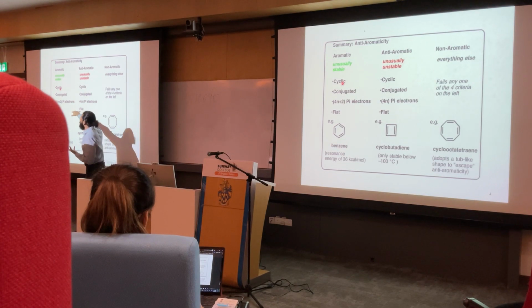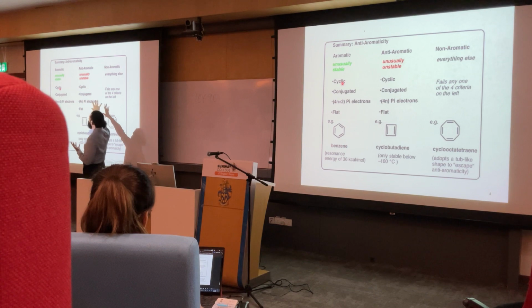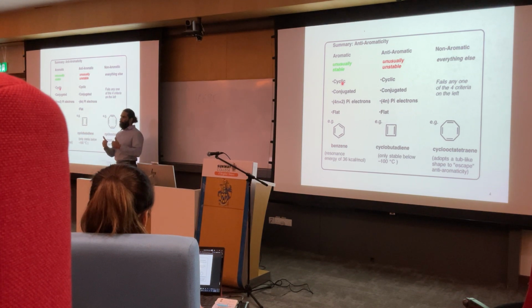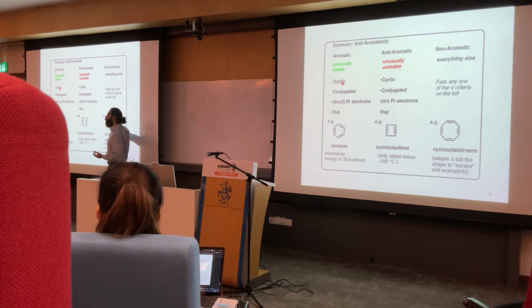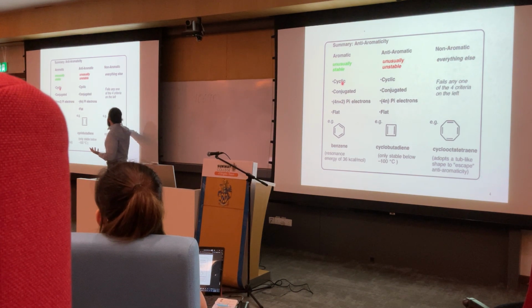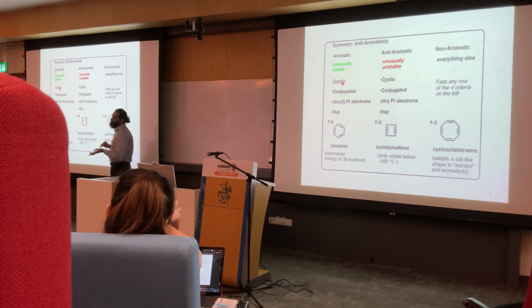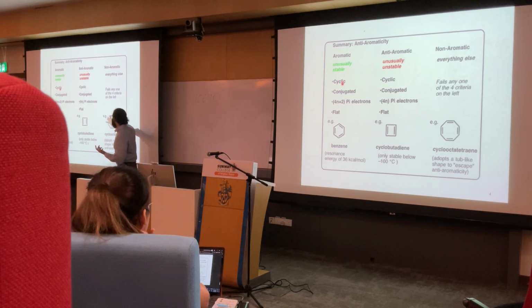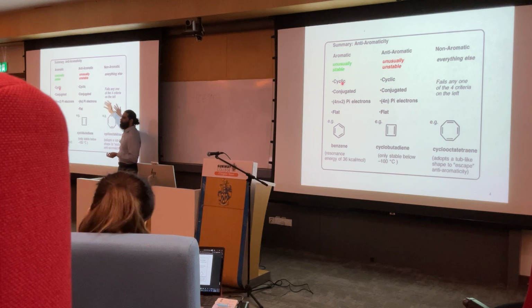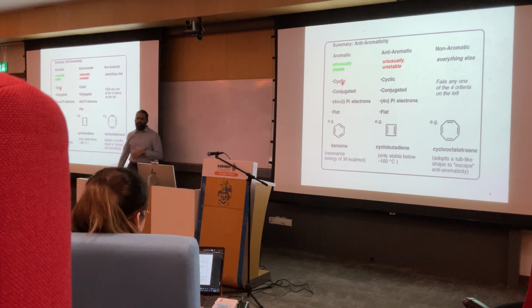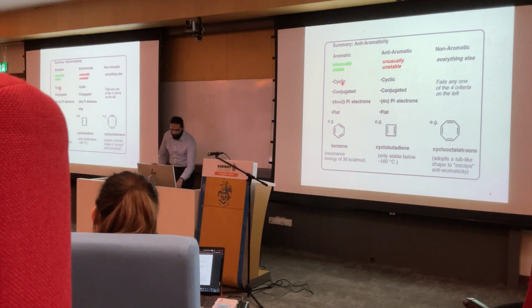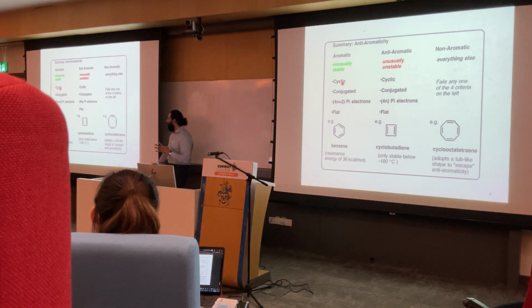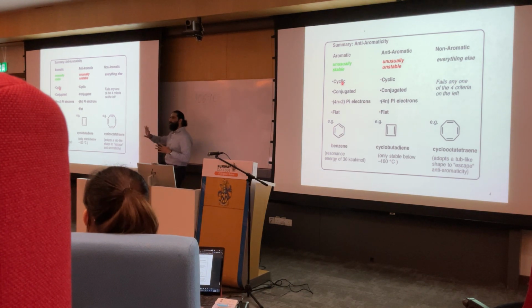As long as you can understand and remember aromatic and anti-aromatic compounds, you are good to go. Just an example: this molecule follows everything, but the structure has some flexibility. So it's not flat anymore. Because of that reason, it's neither here nor there, so non-aromatic.